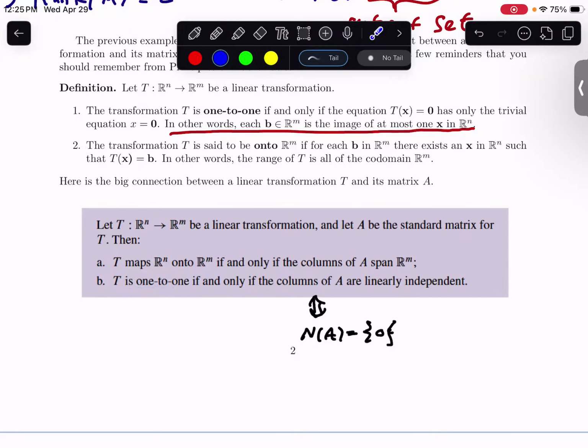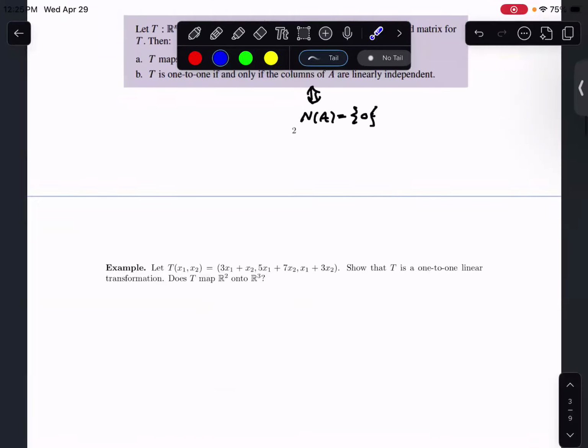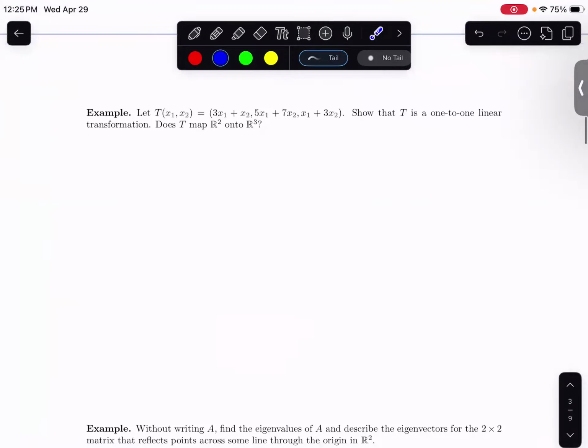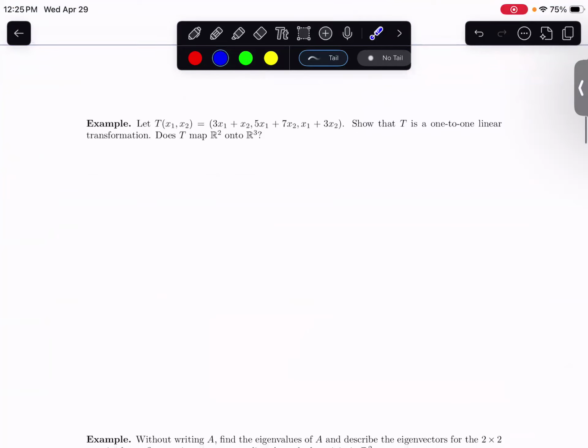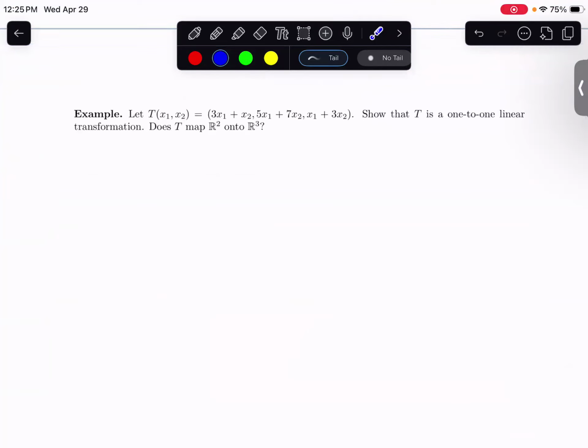That'll give you information about whether or not the outputs of T are going to be unique from one another. And so another kind of problem that could show up on the exam, or a more general version of this problem that can show up in a true or false. On the exam review, I think there's a problem that's kind of like this. So I can give you a linear transformation.